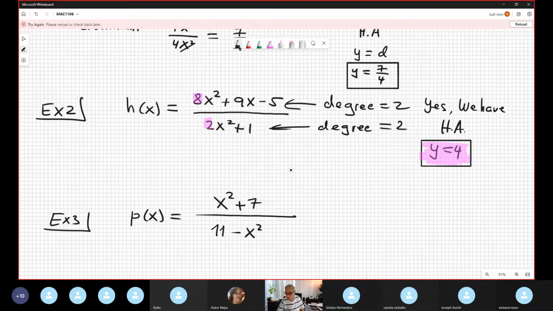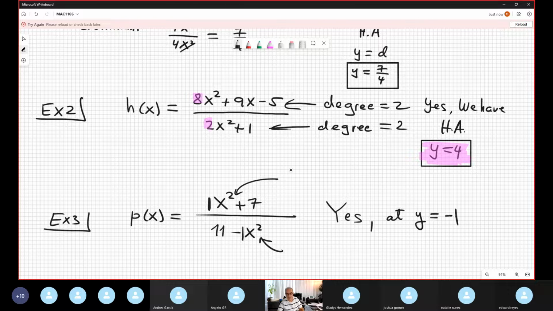Super cool. She said yes again. Degree 2, degree 2, and to confuse you I put it in a weird way. But you take the leading coefficients from this and from this, and 1 divided by -1, yes, at the line y equals -1. End of the story. Cool. Very well.